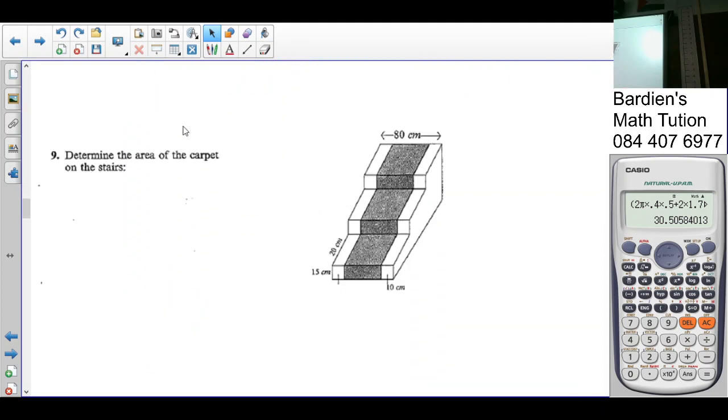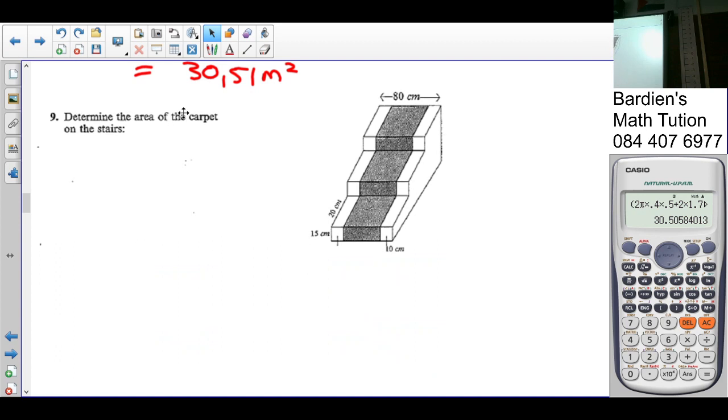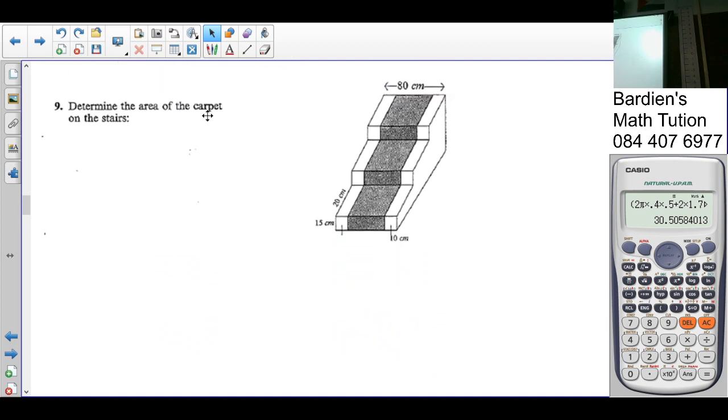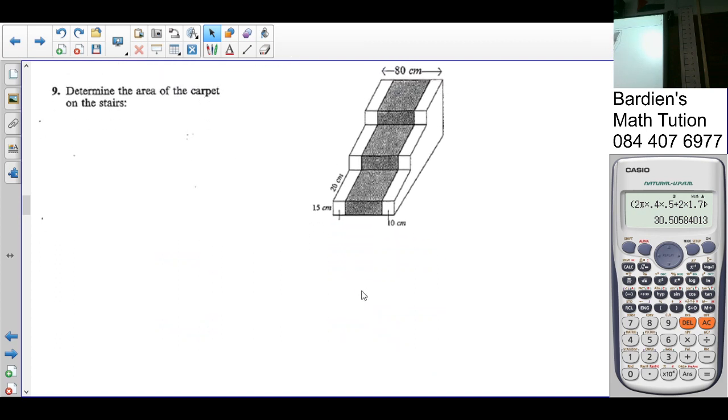Let's look at number 9. In question 9, determine the area of the carpet on the stairs.